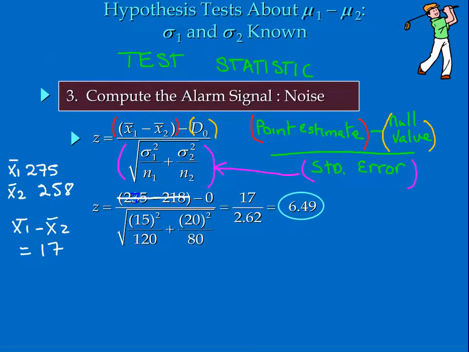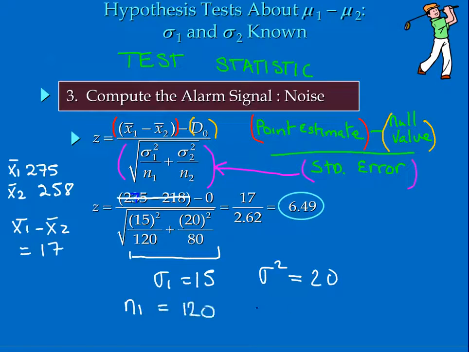That isn't the same for each type of test, but here it's the square root of sigma 1 squared over n1 plus sigma 2 squared over n2. Just a reminder, sigma 1 was 15, the standard deviation for population 1. Sigma 2 was 20. The sample sizes were 120 for group 1 and 80 for group 2.